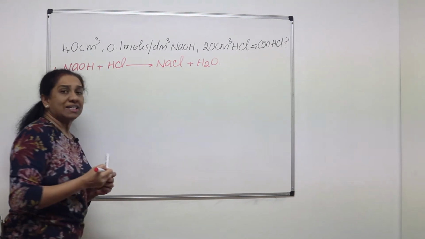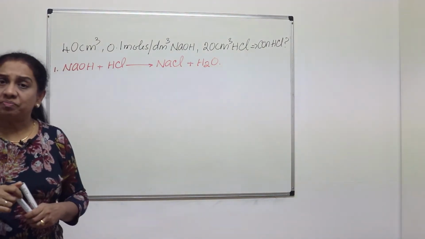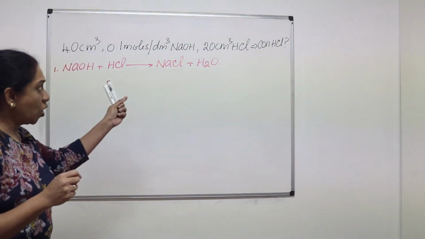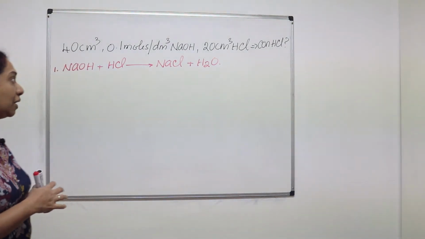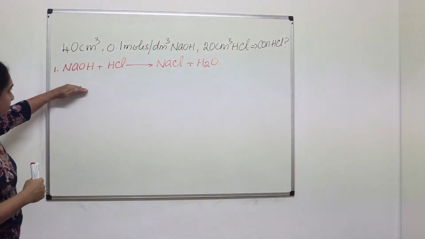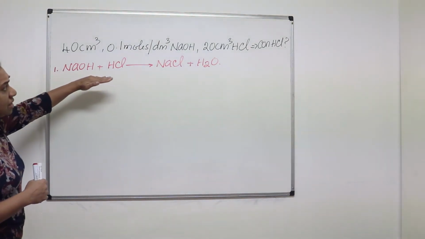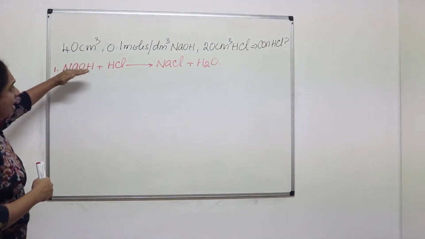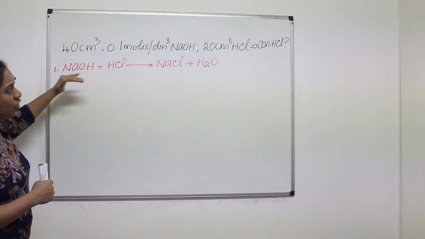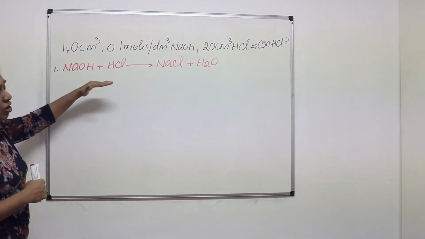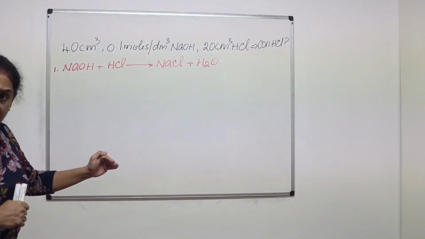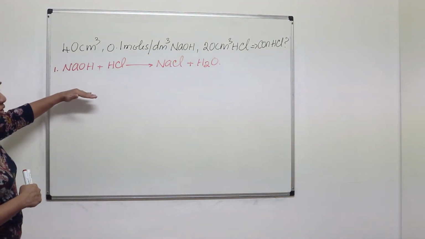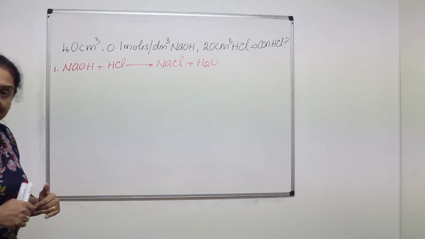This is a neutralization reaction, we know. So therefore, a salt and water are the products that are made. Let's balance the equation. Have a look. The reactant side and the product side, you can see it's all balanced. Therefore, we don't need to balance this equation. So we can now move on straight away to the second step.